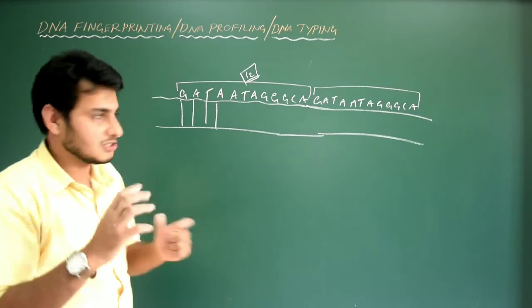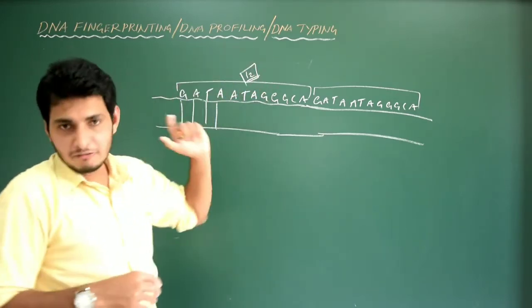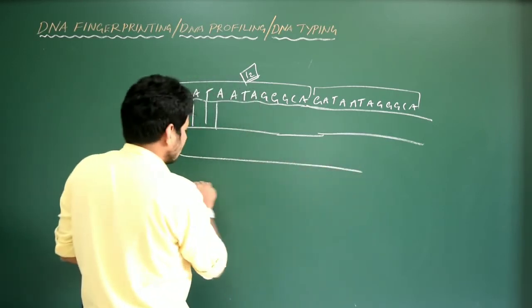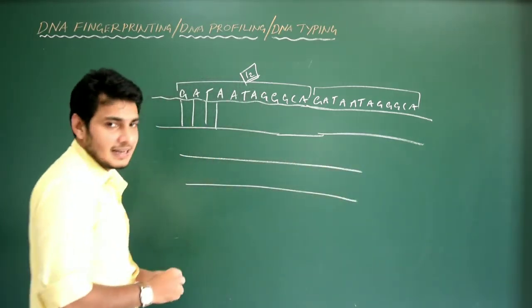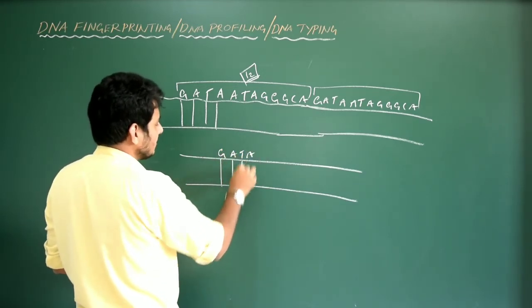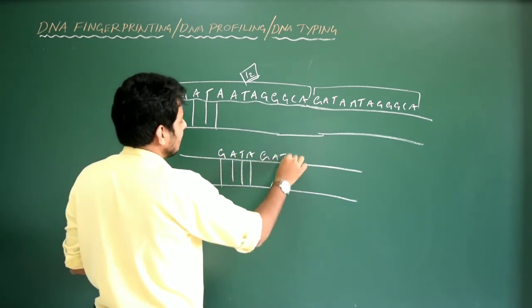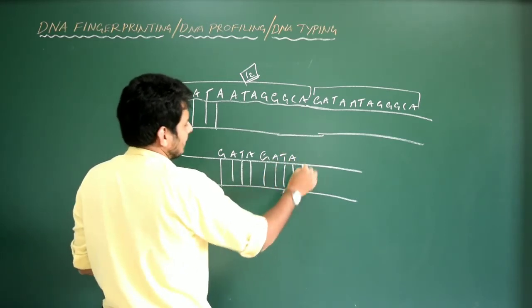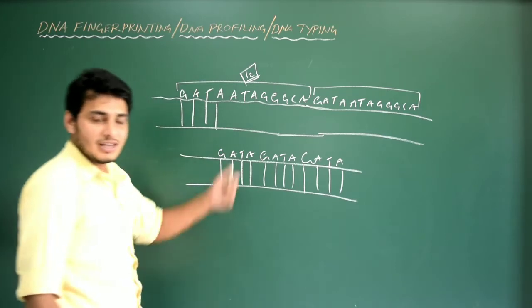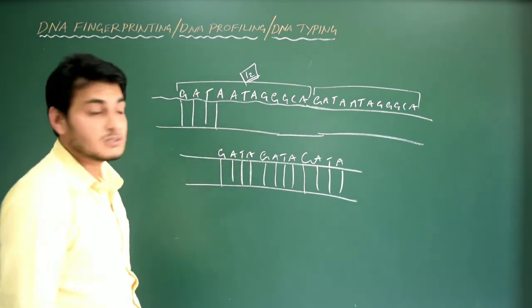You may not understand what it is. Because the length is very long, that's the reason why they prefer the repeats that are microsatellites. For example, let me just write GATA. How many base pairs are there? 4 here. Again GATA is repeated twice. Again GATA is now repeated thrice. So they prefer this microsatellite.